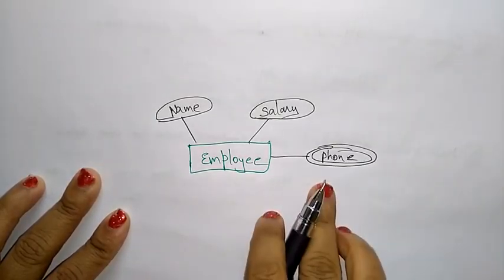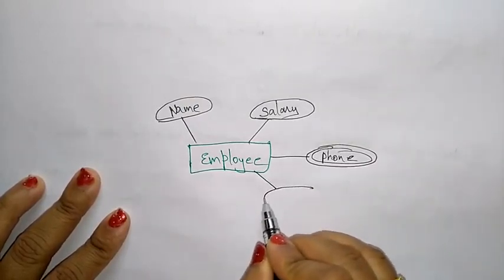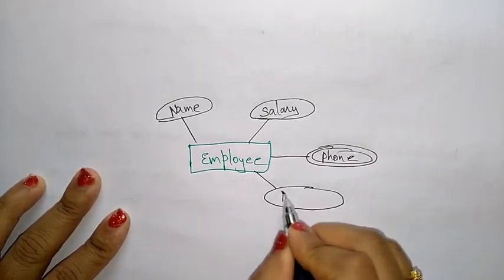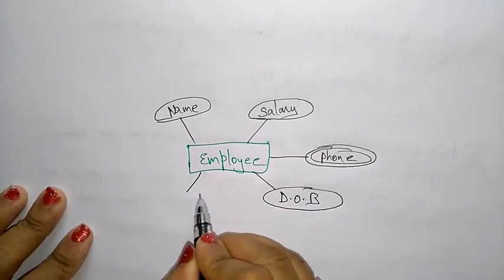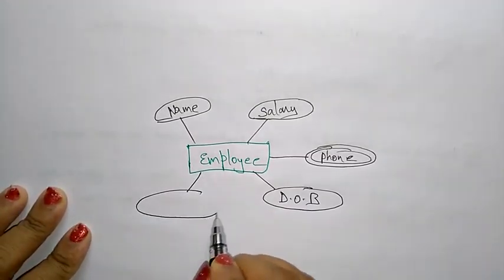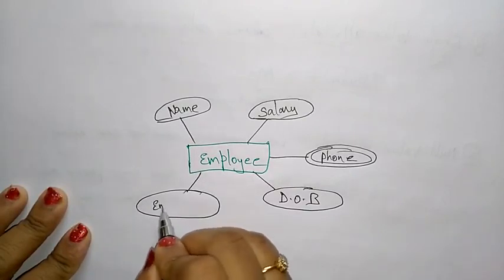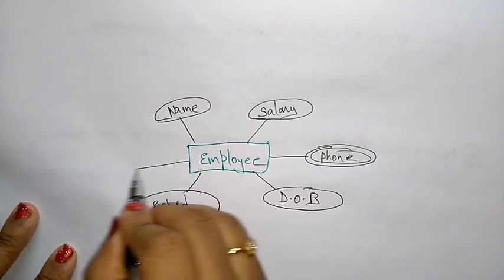Why I am mentioning these symbols, I'll explain clearly in the next video. Date of birth, but here I am just showing what is a multi-valued attribute, derived attribute, single valued attribute. Everything will be represented in diagrammatic form.